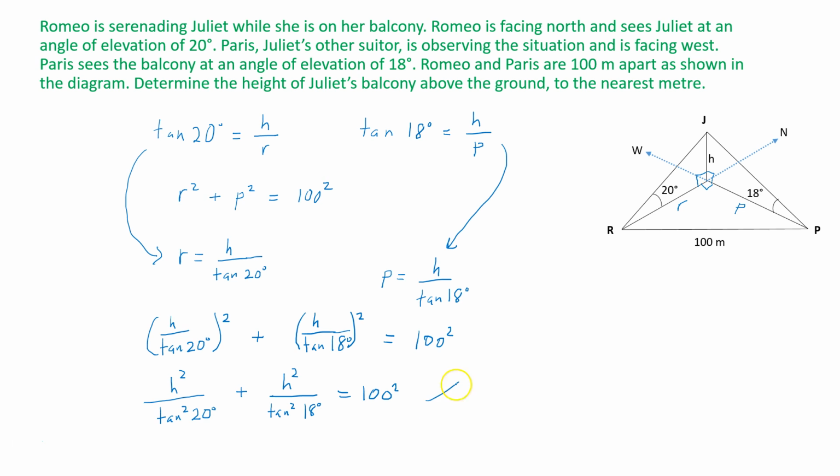And now what I'm going to do is factor out h squared, and I'm going to get 1 over tan squared 20 plus 1 over tan squared 18, and that's going to equal 100 squared.